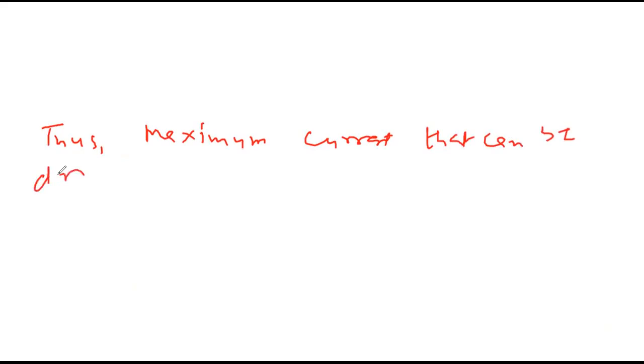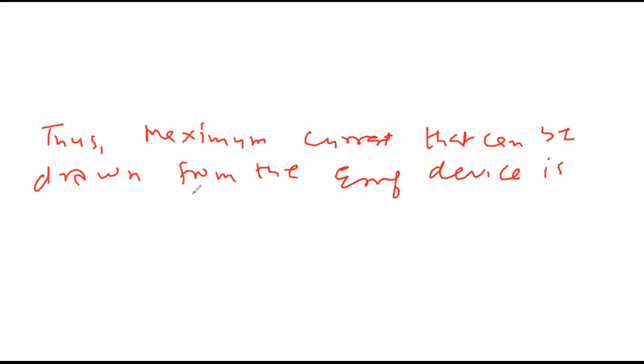Thus, maximum current that can be drawn मतलब pulled or taken out from the EMF device. EMF device means battery, is when capital R becomes 0.